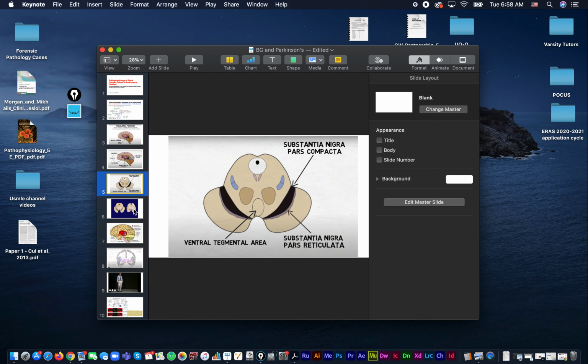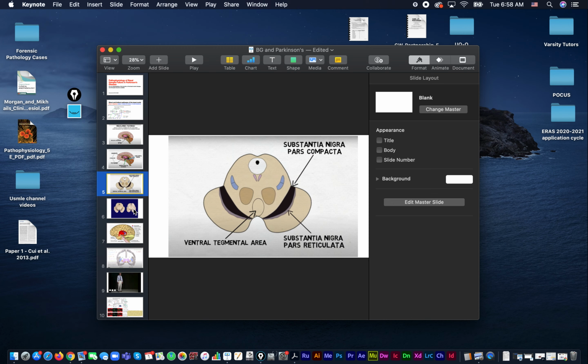comes from. So basically, it sends its spiny projection neurons to the globus pallidus internal in order to create glutamatergic excitation, and you get more excitatory movement.